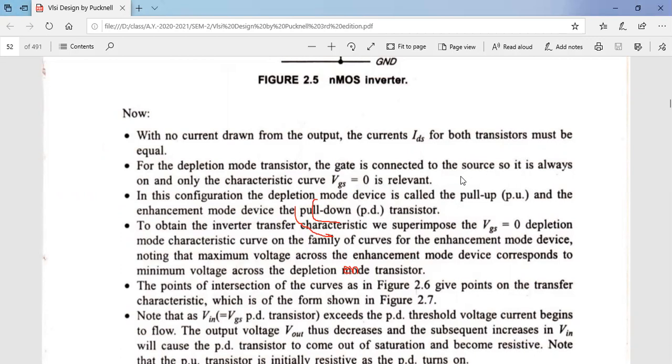It is trying to pull up, which means it will be acting as a resistor. The transistor connected to VDD is generally called the pull-up, right?